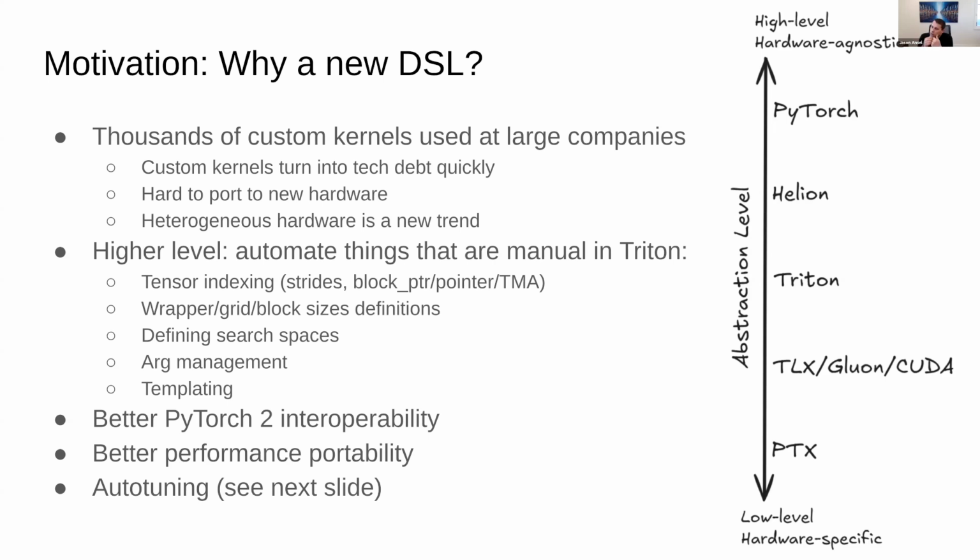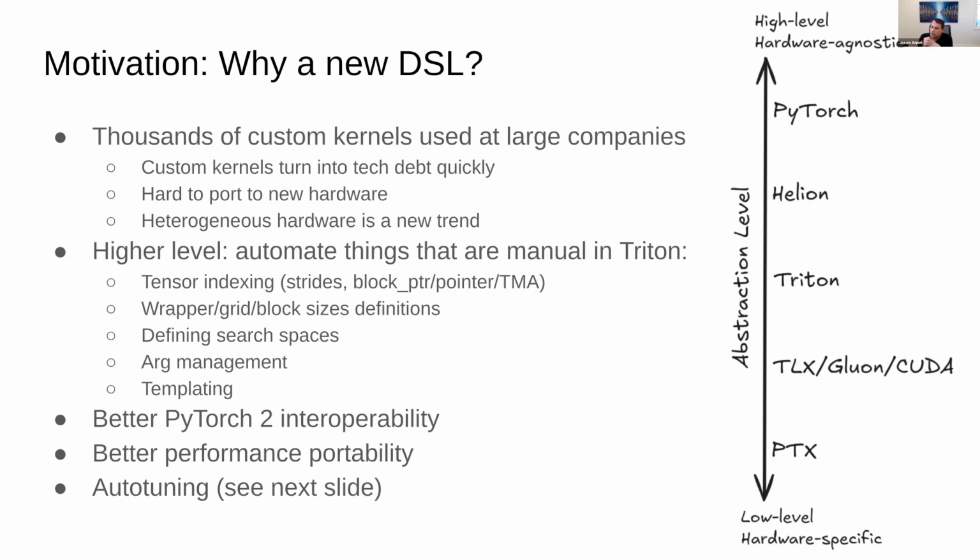In Helion, you have a lot more control over exactly what gets fused with what. You have a lot more control over tweaking algorithm implementations if you want to iterate on new things, compared to PyTorch. But at the same time, it's higher level than Triton.